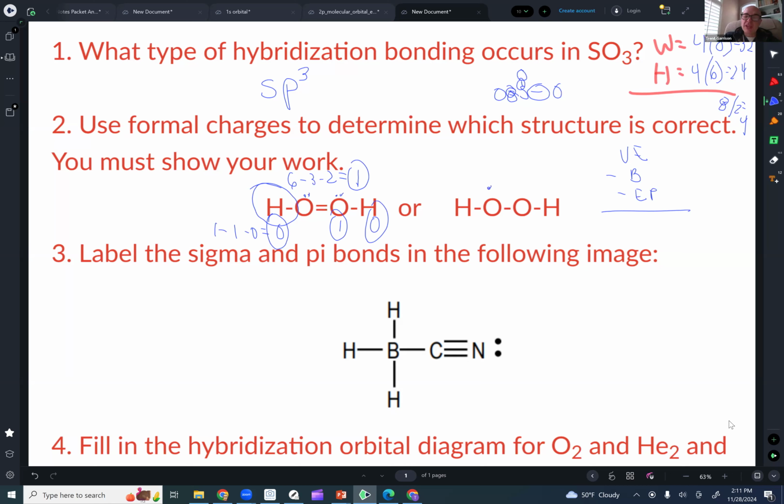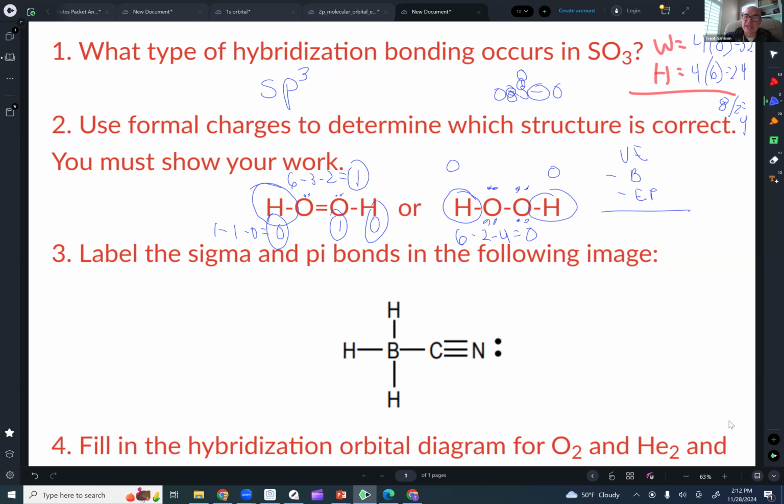So what we have here, unfortunately, is not a double bond, and so we're going to have a lot more unshared pairs of electrons. Now, nothing changed for my hydrogens. The math on that one is still going to equal 0. It is 1 valence electron minus 1 bond. There's no unshared pairs of electrons. Now, these oxygens, though, are going to be different. They have 6 minus the 2 bonds minus the 4 electrons. That's 0.